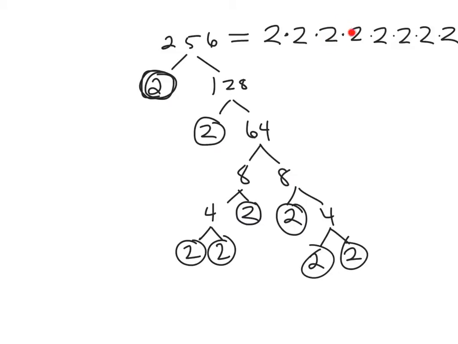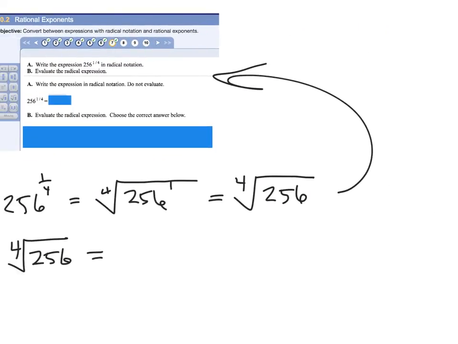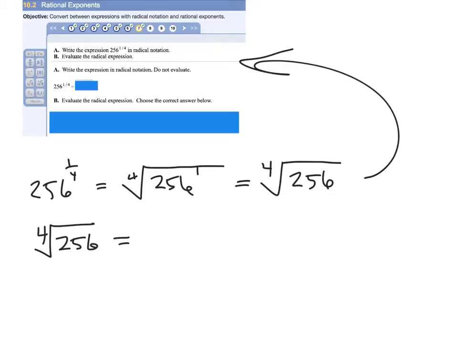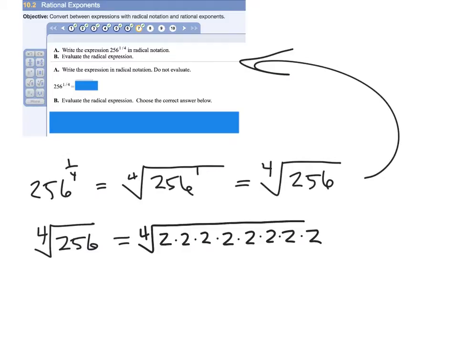Yeah, so 256 is 2 to the 8th power. So I'm going to go way over here, and I'm going to change this to the fourth root of 2 times 2 times 2 times 2 times 2 times 2 times 2 times 2.